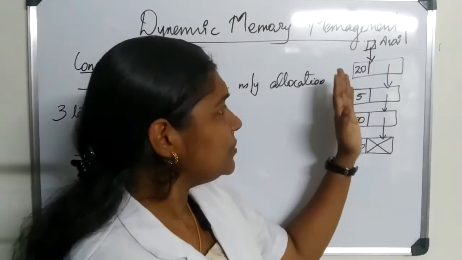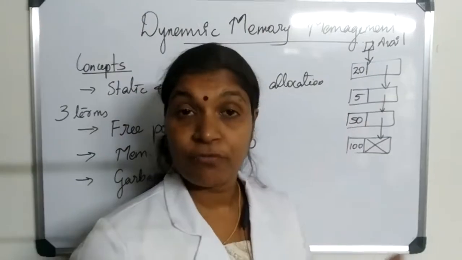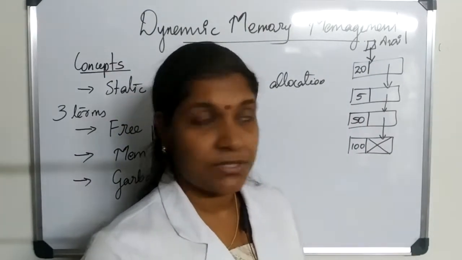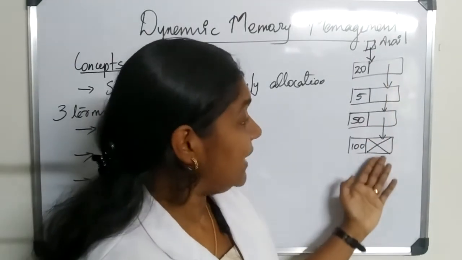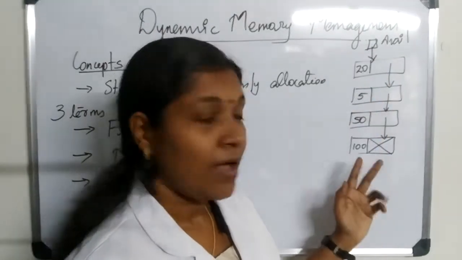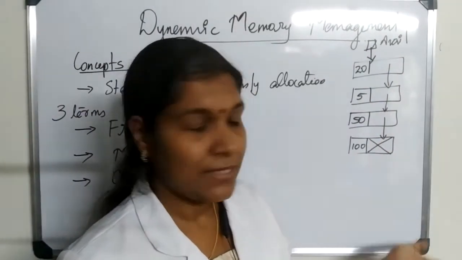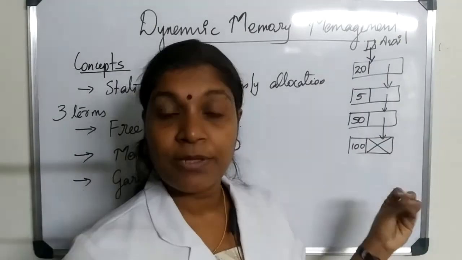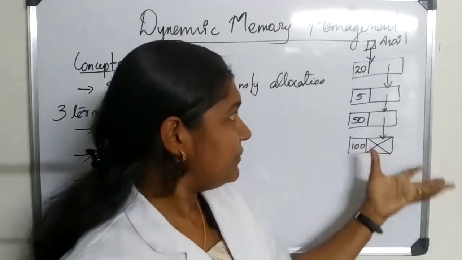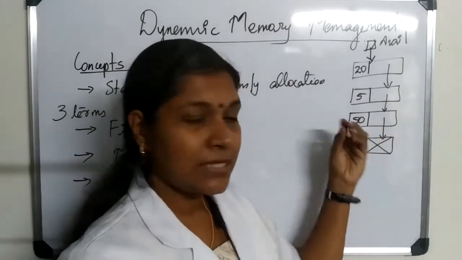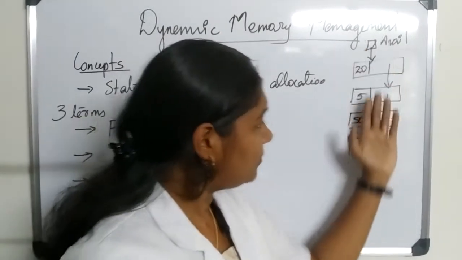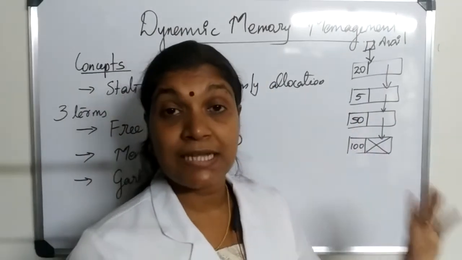Okay. So this is how the free pool of memory is represented, and it can be represented in two ways: either by using variable blocks of memory like this, or by using fixed blocks of memory. That is, all the memory blocks would be of the same size. Say if we represent all the memory blocks as 50 bytes, then all the blocks would be of the same size, 50 bytes.